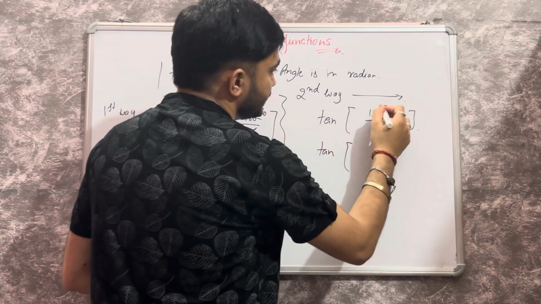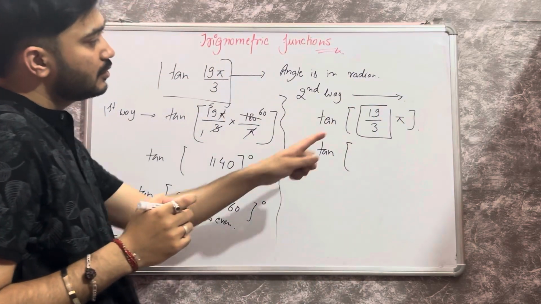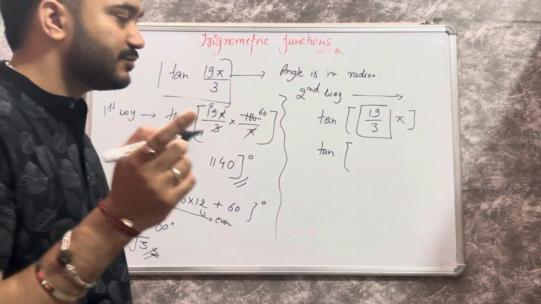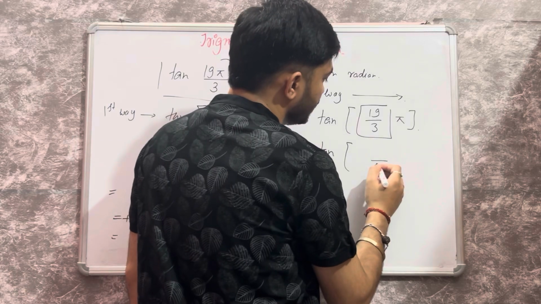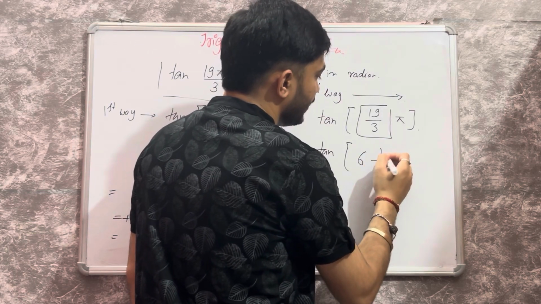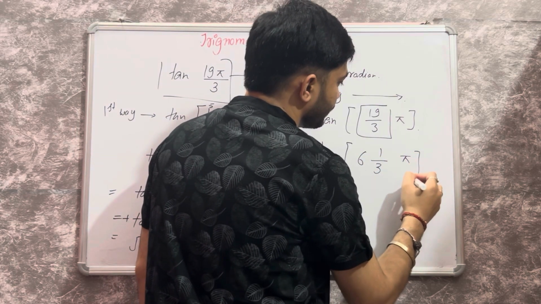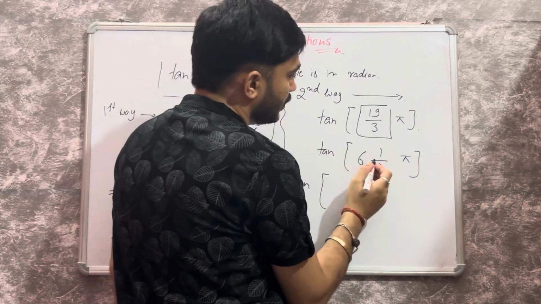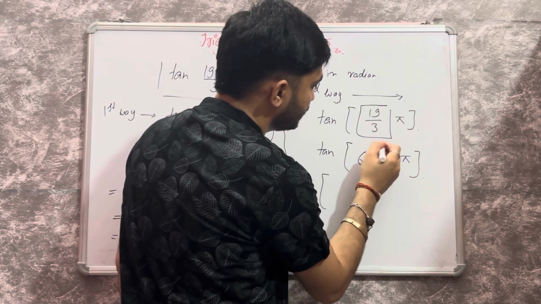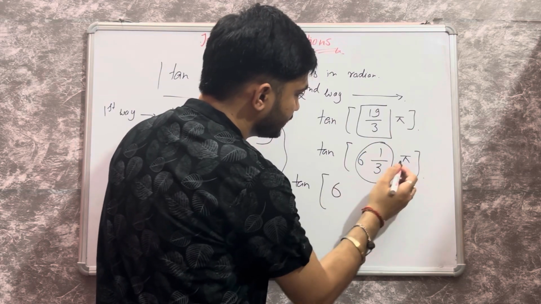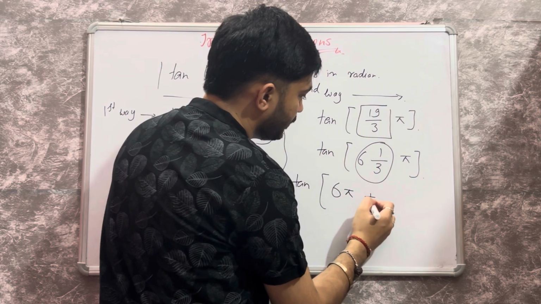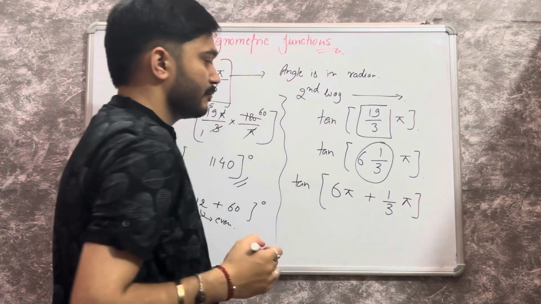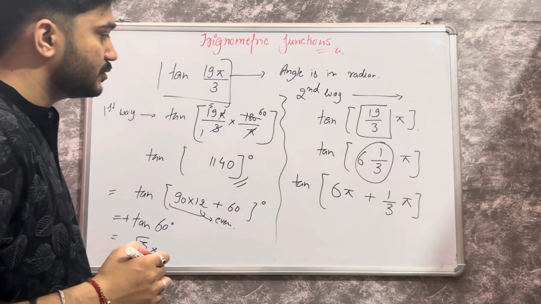Since this number is in its simplest form, we are going to convert it into a mixed fraction. 3 sixes are 18 and 1, so 6 and 1 by 3 pi. Separate this number, that is 6 pi plus 1 by 3 pi. Any doubts?